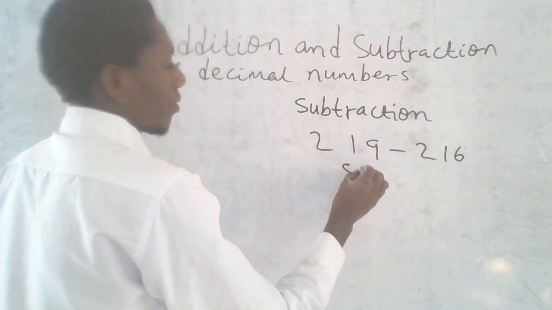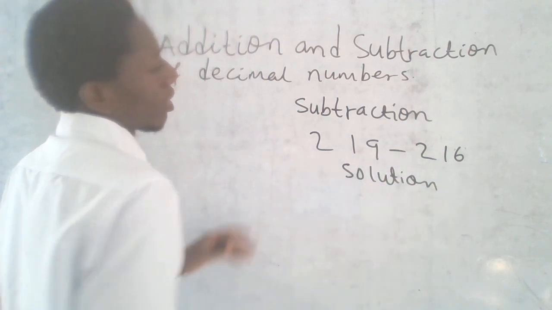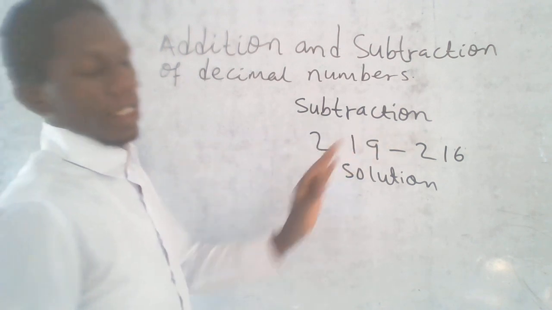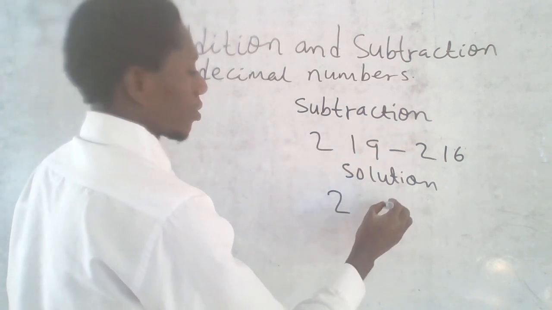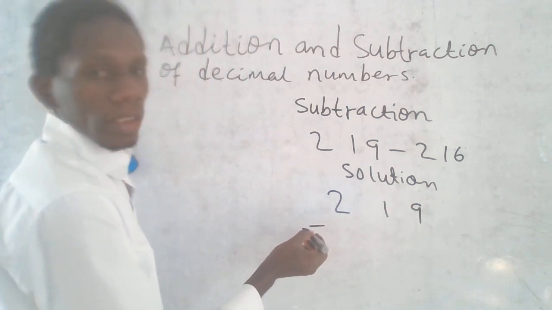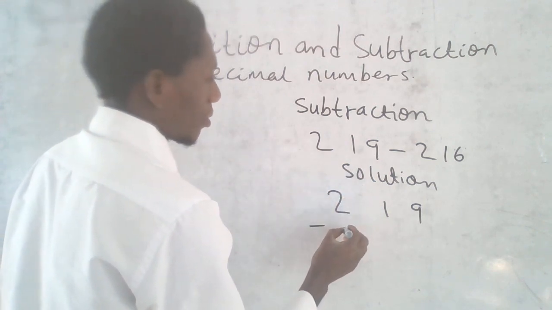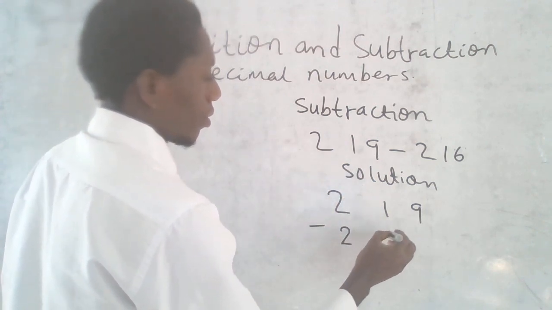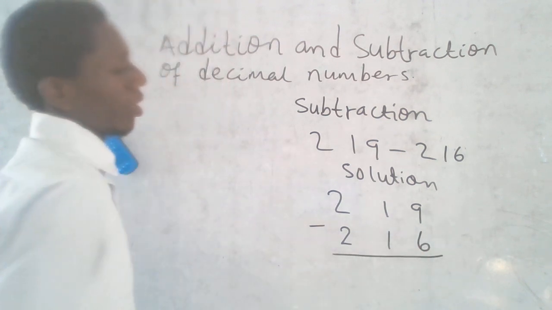You will first of all arrange it just as we did in addition before. You will write 219. This is your minus sign or subtraction sign. Then 216. Good.